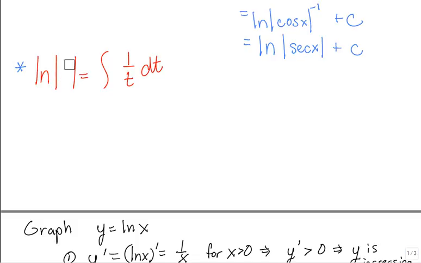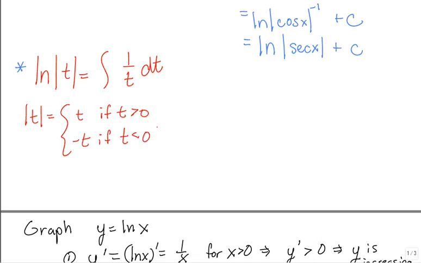Let's just say t here. Okay, so why is that? Well, remember the absolute value of t is defined to be t if t is positive, negative t if t is less than 0.